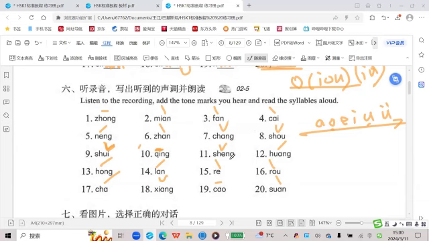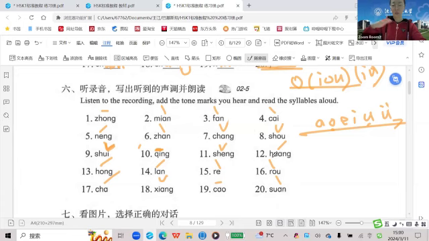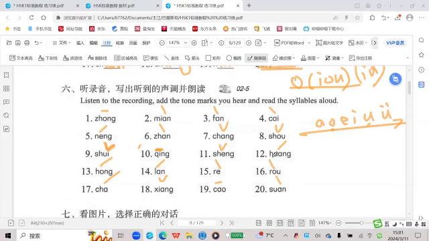Okay. 省. 省. Okay. 黄. Second tone. 黄再读一遍, read it again. 黄. Yes, right. Okay, 请跟我读水清.